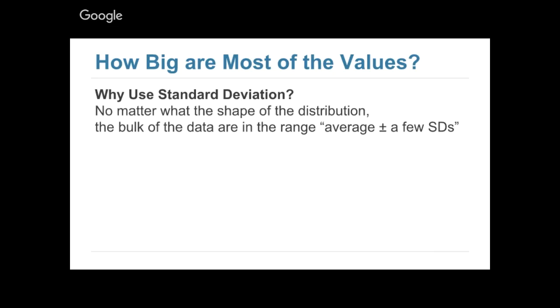So if my average was 10 and my standard deviation was 5, if I go 5 away, and another 5 away, and another 5 away, almost all of my data is going to be within that range. So it gives us a bound on how much of my data is going to be there.